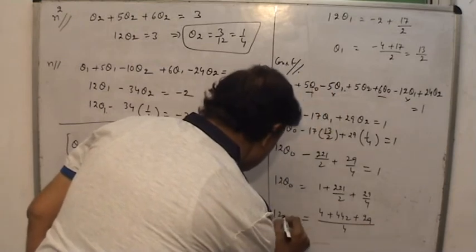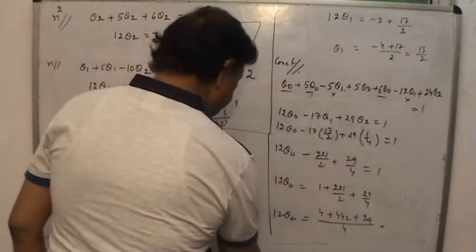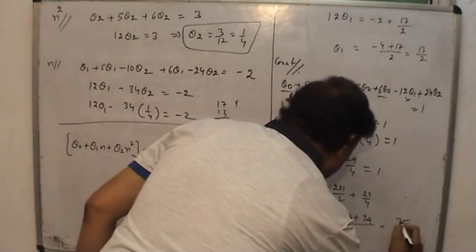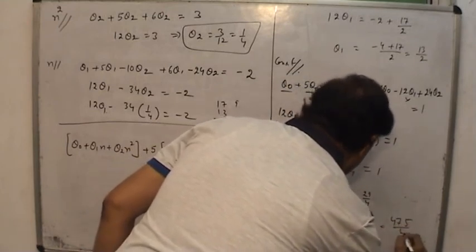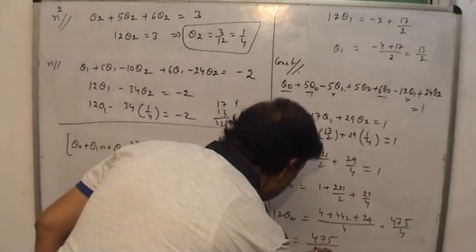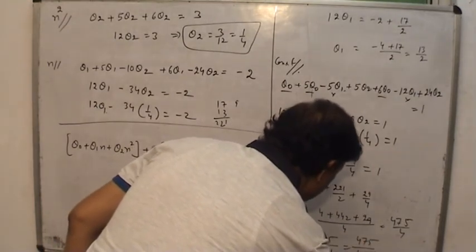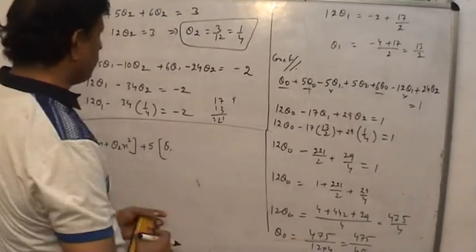That is equal to 12 Q0, which is 475 divided by 4, and Q0 is equal to 475 divided by 12 into 4, that is equal to 475 divided by 48. Now we have calculated all the three constants.